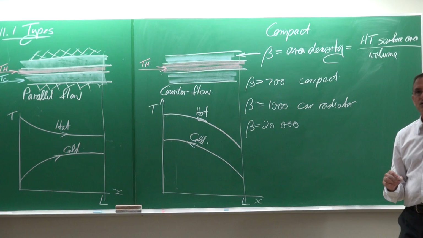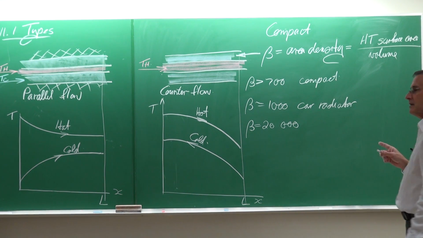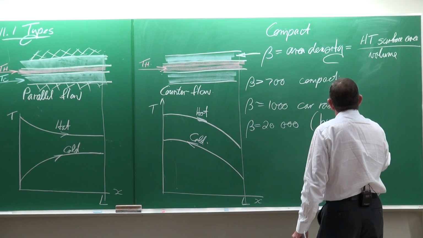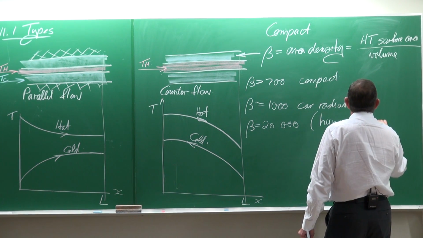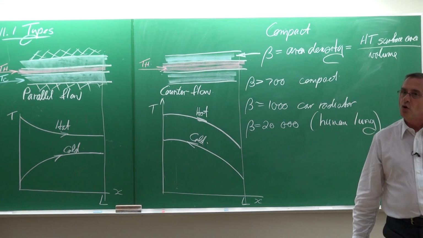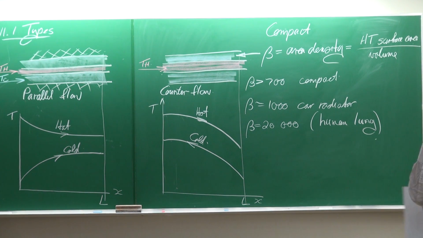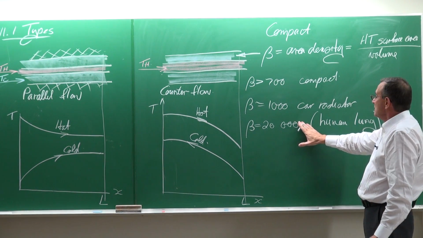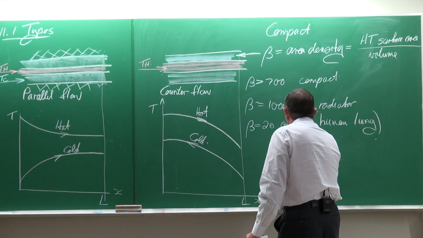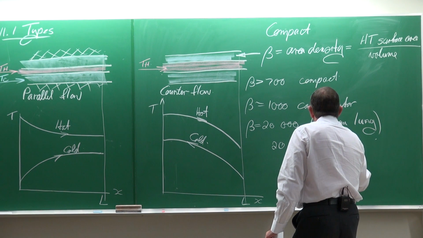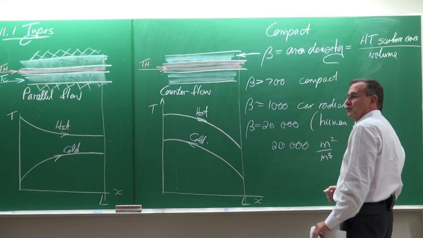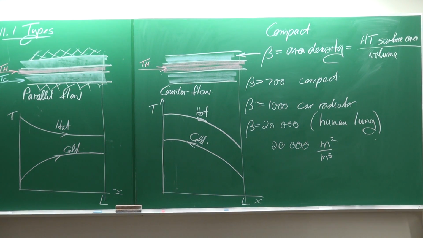And who of you can guess what that is for? That is for the human lung. Your human lung is the most compact heat exchanger that there is. What does it mean? A value of 20,000 means 20,000 square meters per cubic meter of surface area for heat transfer.